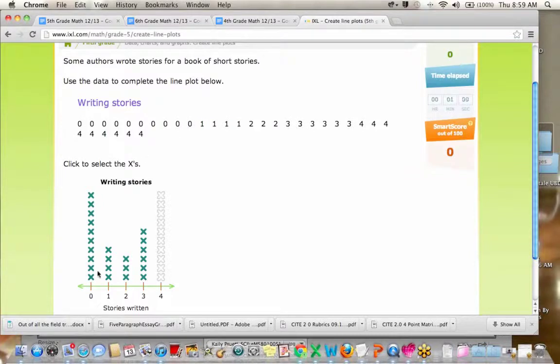So what you're going to see is 10 X's, which represents the stories. Now we have 1, 2, 3, 4. It looks like there were 4 that wrote 1. So you'll see 4. So how many X's do I need to fill in for 4 stories?